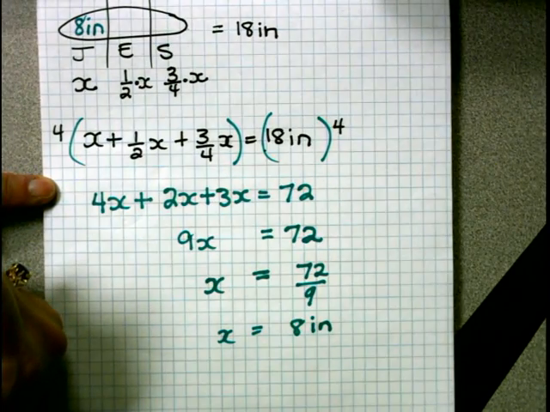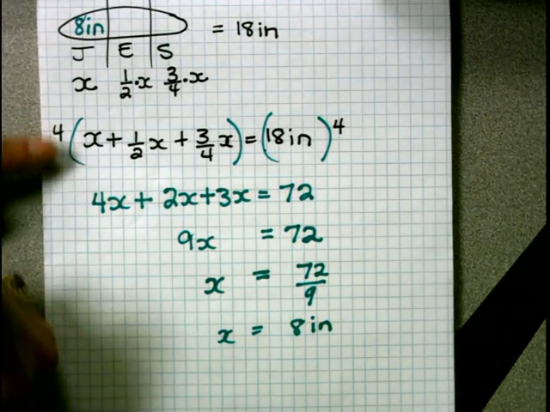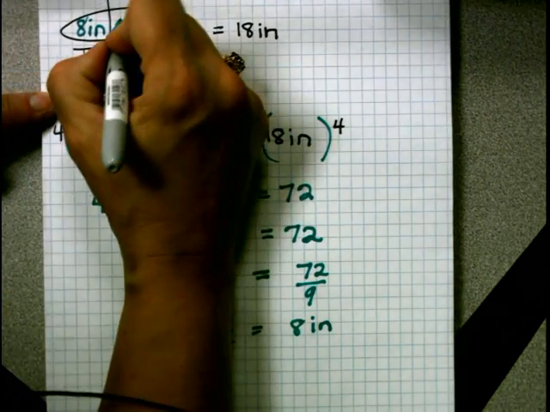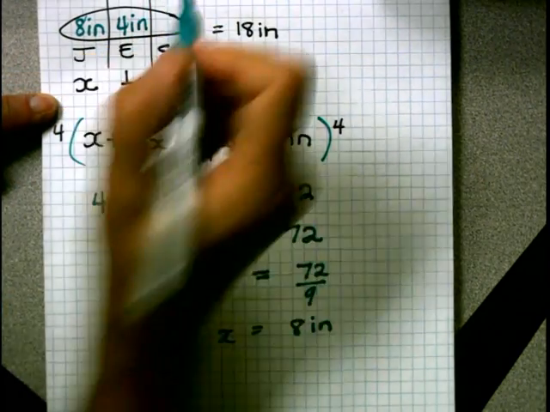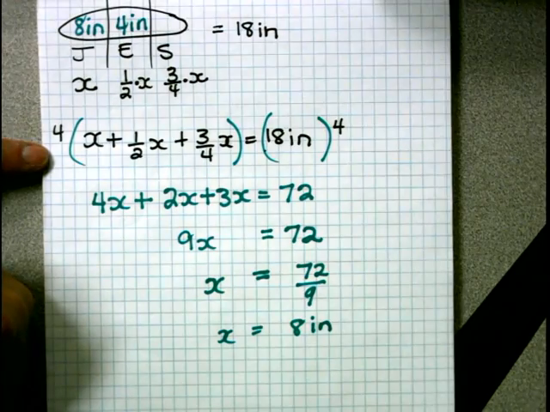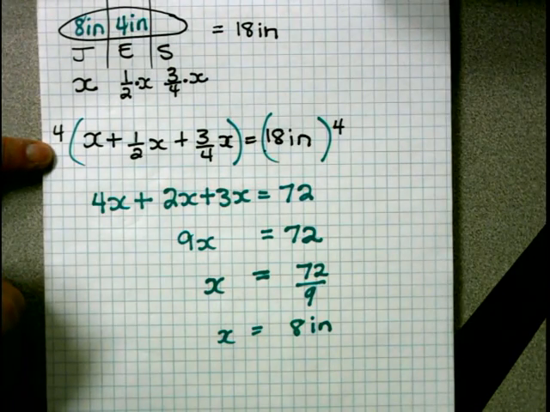Emma gets half of what Jenny gets, so she gets half of 8 inches, which is 4 inches. And Sarah gets 3/4 of 8 inches.